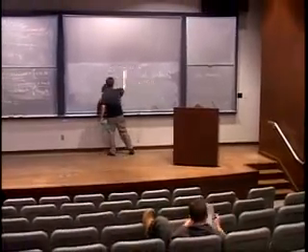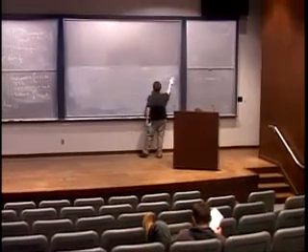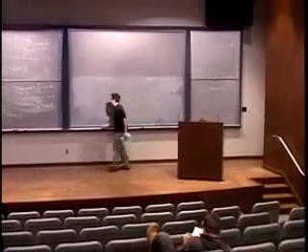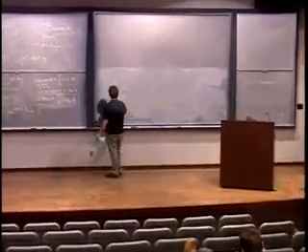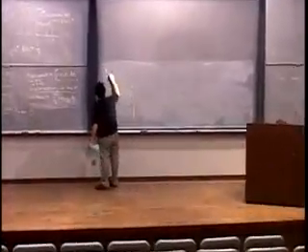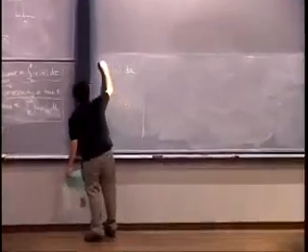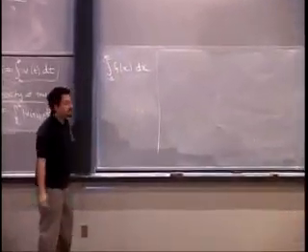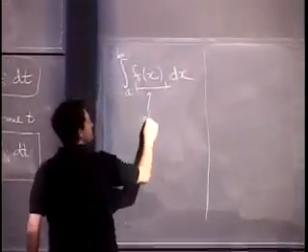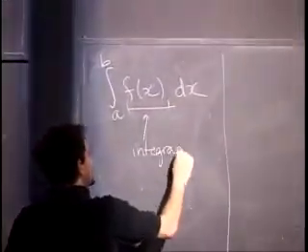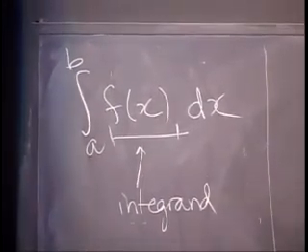I have so much to say, I'm almost tripping over myself in order to say it. As a further aside, I intend to continue some of the other properties, but when you write down an integral like this, it might be worth saying that we need some terminology. This f of x is called the integrand. It's the thing you integrate, the function or the quantity that you're integrating.